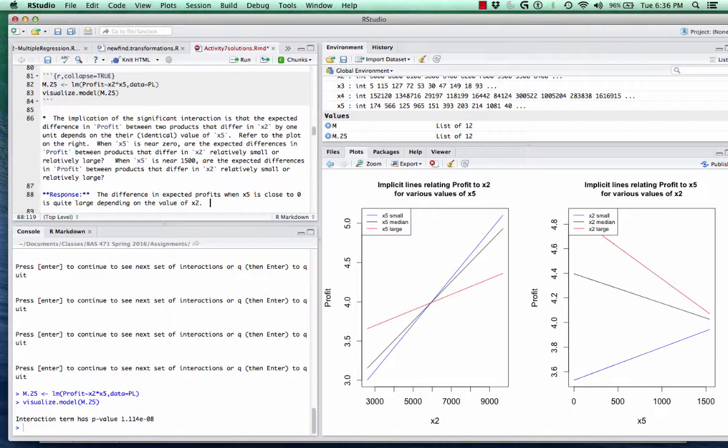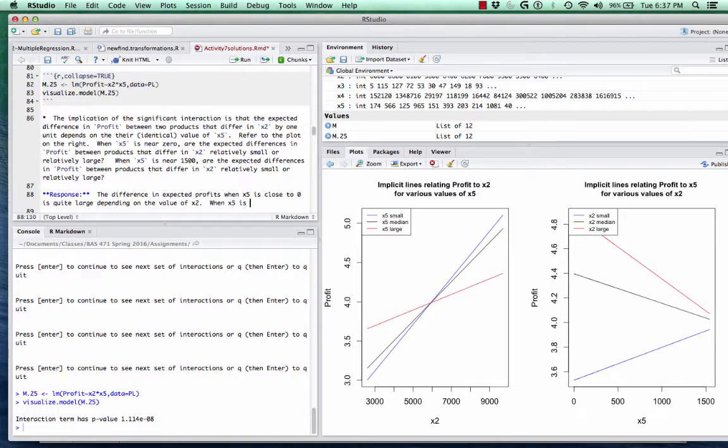So the difference in expected profits when x5 is close to 0 is quite large, depending on the value of x2. Now, when x5 is instead near 1500, we see there's actually a relatively small difference in profits. The value of x2 doesn't really matter as much. There's a smaller spread here. The value of x2 matters a lot when the value of x5 is close to 0.